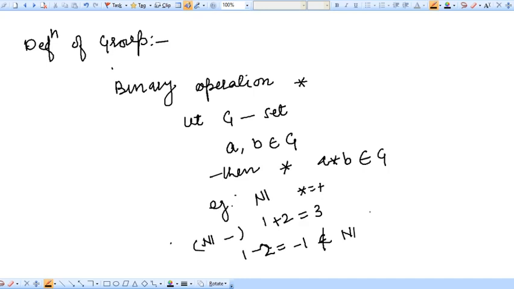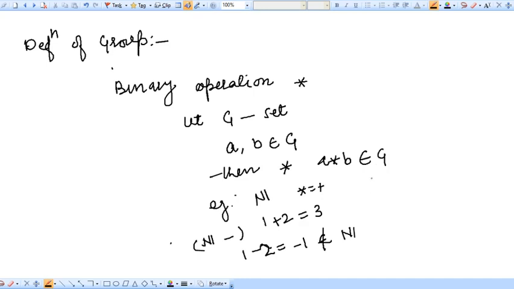This is also called the closure property. Natural numbers are closed under addition, but natural numbers are not closed under subtraction, because when one natural number is subtracted from another natural number, the result may not be a natural number again, which implies that under subtraction natural numbers are not closed, but under addition natural numbers are closed.